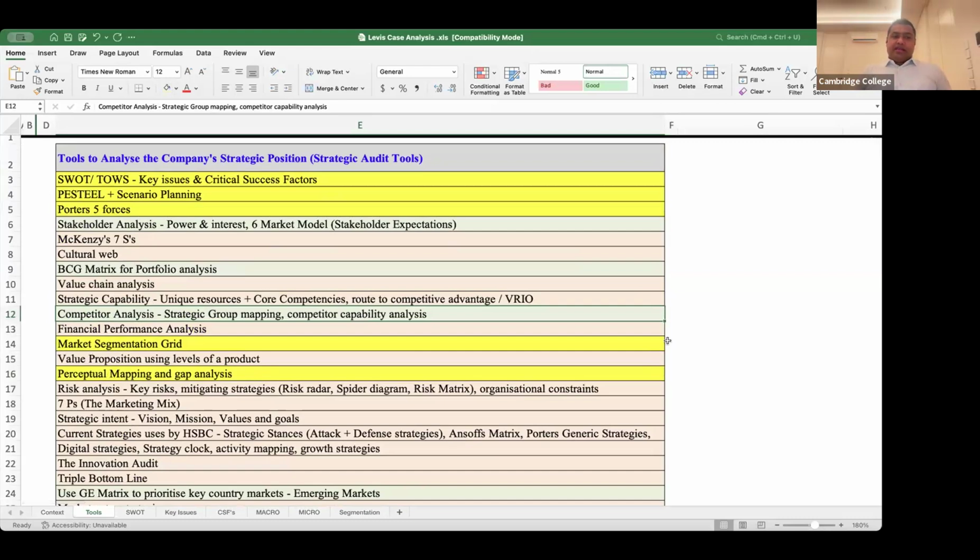As you can see, the ones in yellow we have covered in the previous lectures that you need to watch and practice with the Levi's case study, the previous session's case study. There is an assignment that I've shared in the group as well. If you have not got those, please WhatsApp me or check the Google Classroom.